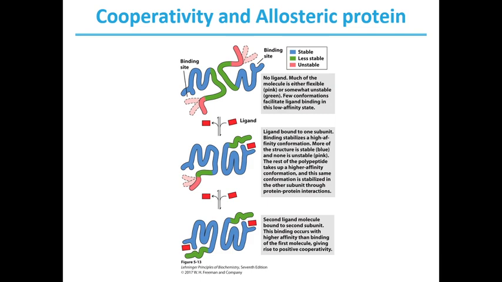An allosteric protein is one in which the binding of a ligand to one site of the protein affects the binding properties of another site on the same protein. Now, cooperative conformational changes depend on variations in the structural stability of different parts of a protein.